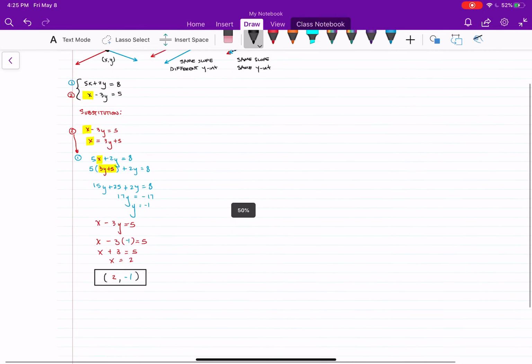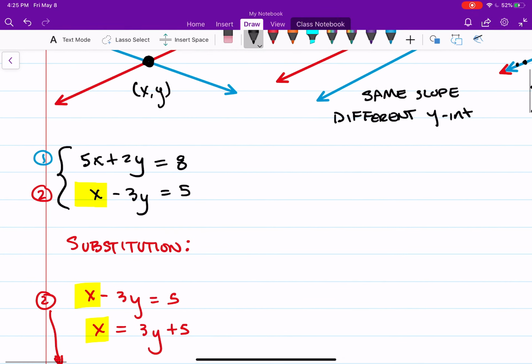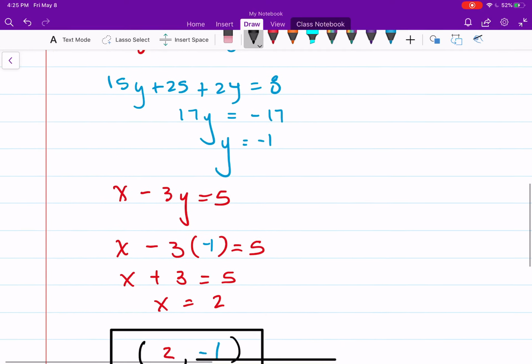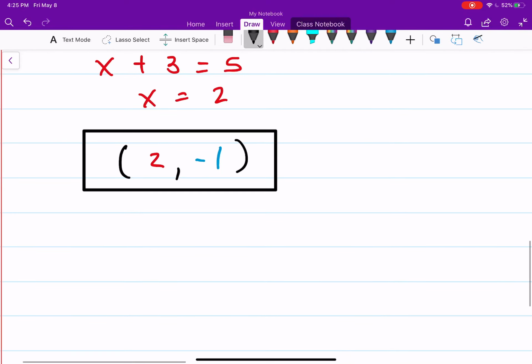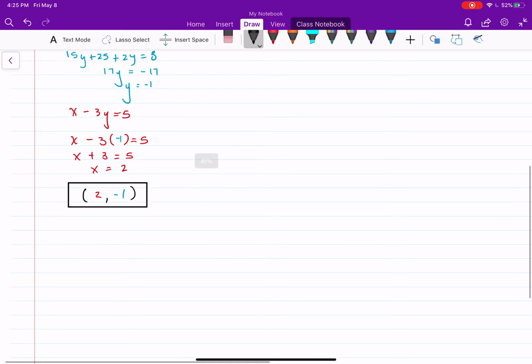So if I was to graph these two lines, they would intersect at (2, negative 1). Okay, and that is my solution.